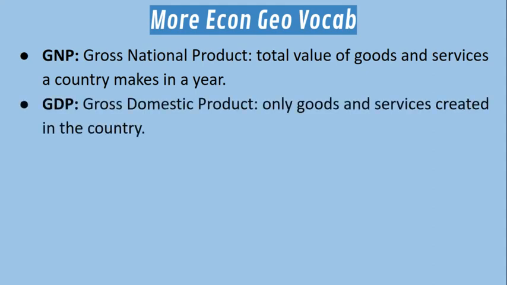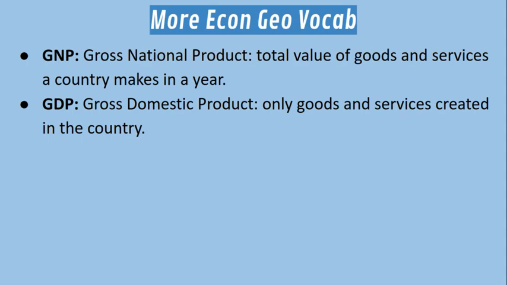And then there's gross domestic product, which is the goods and services that are created inside the country's borders. So the difference is if it's made inside the borders of the country, for example, inside the borders of the US, then it's part of GDP, gross domestic product.